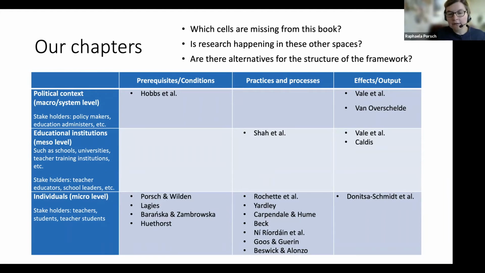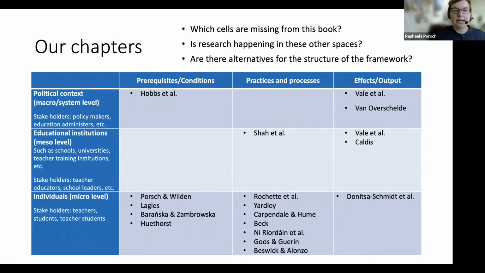But when you see the table filled with the names of the first authors, you see there are some gaps, and you also see that practices and processes are the main focus of the book, which is fine. You didn't even have this classification, but you see that when we talk about future research, the political context, for example, should be addressed more often, and we should think about how this can be done.